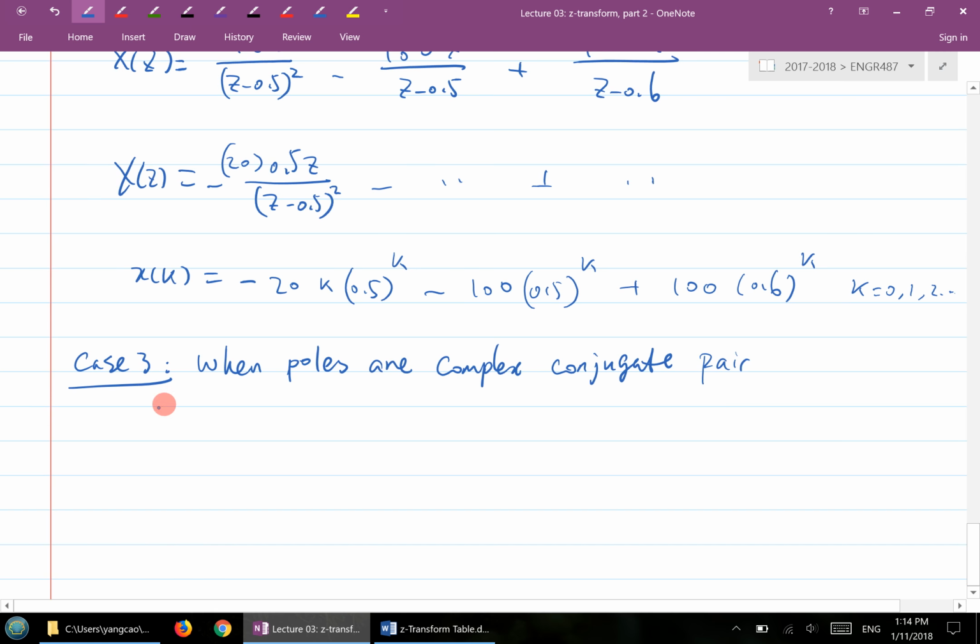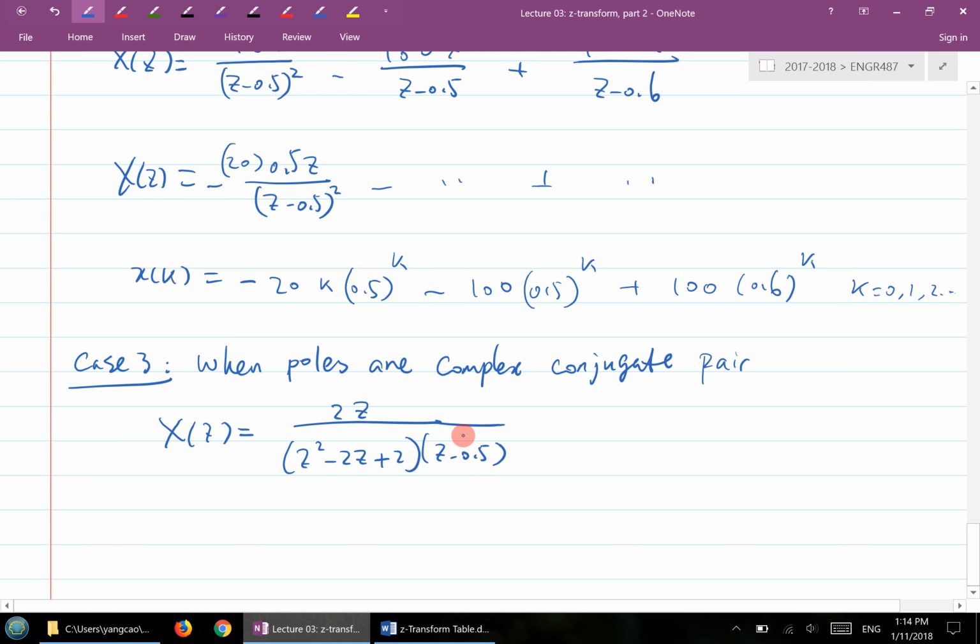I'll write down this example here. I have X(z) equal to 2z divided by (z squared minus 2z plus 2)(z minus 0.5). So here is an X(z) expression. If you look at the poles of the system, setting the denominator to 0, you do have a real pole here, which is 0.5.